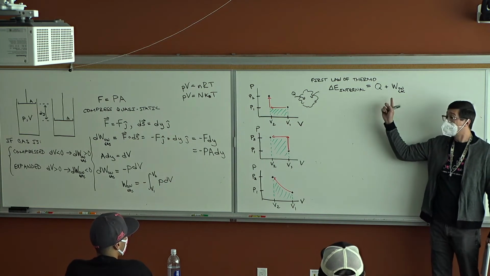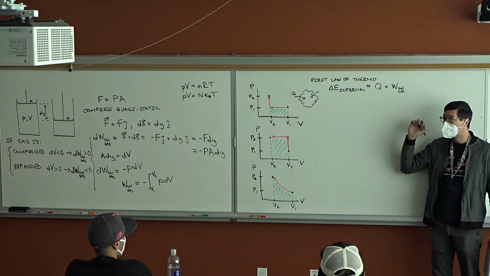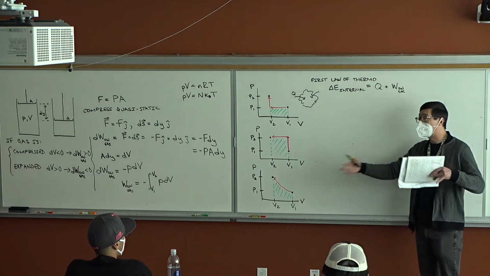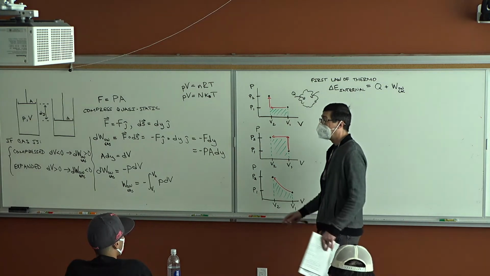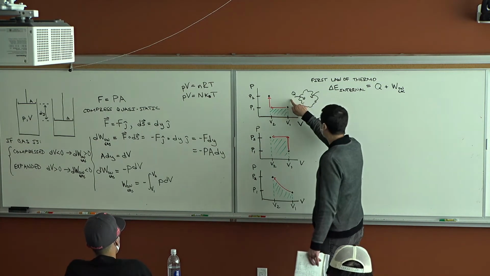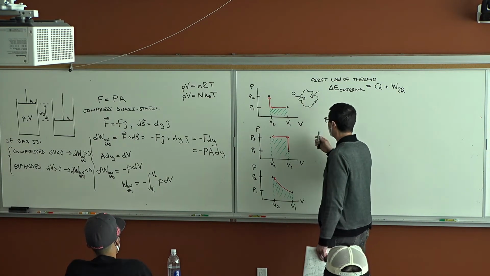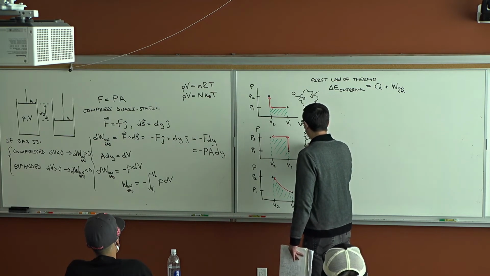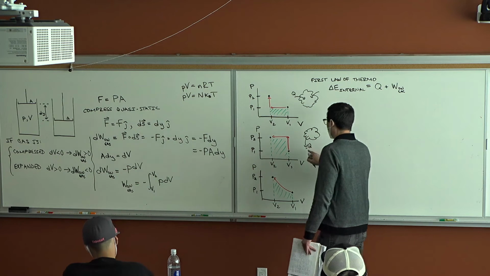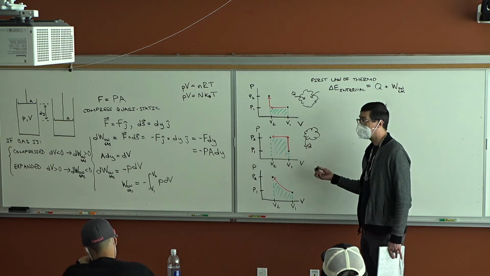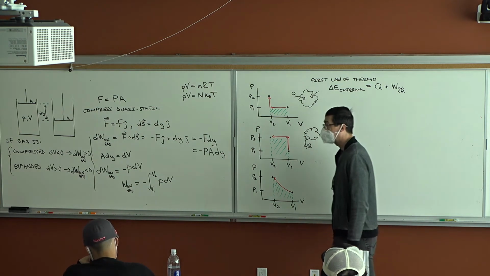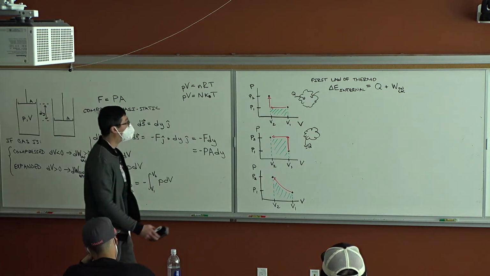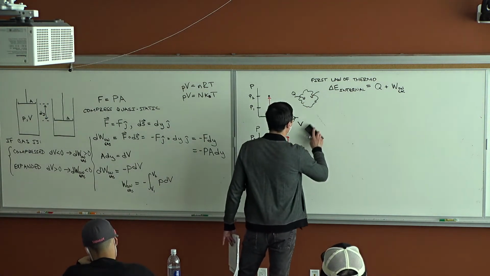So this value of Q could be negative. Yeah, if the gas is expelling energy as heat, if instead of this, what we had was this, then the value is negative, right? At least as far as that equation is concerned. So far, so good.